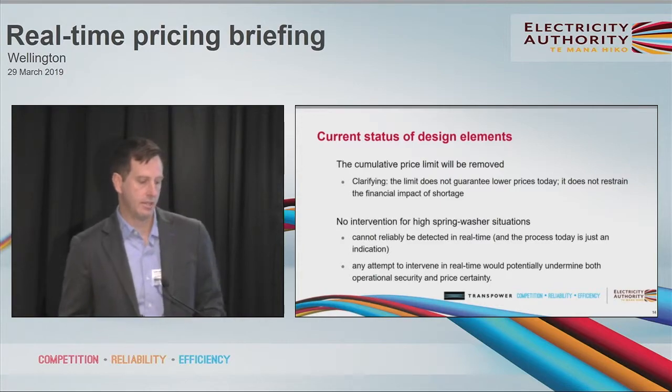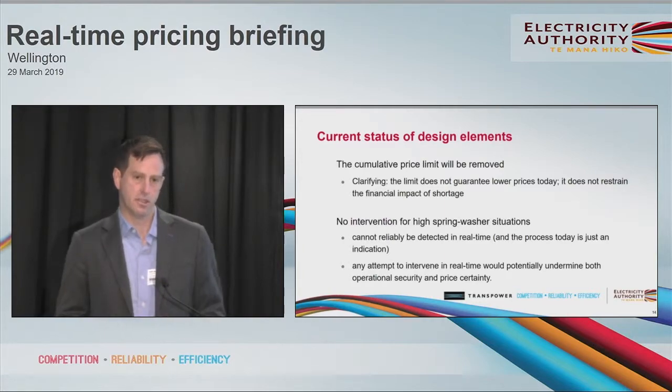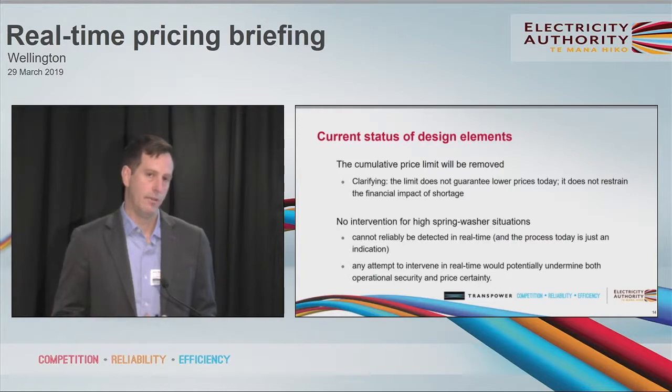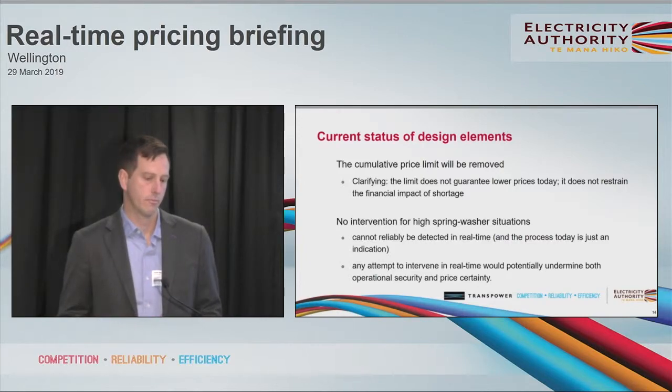And beyond that, there's no reliable way to detect a high spring washer that's occurring in real time, and the process that's used today is really just an indication. And then perhaps more importantly, any attempt to actually intervene in real time if there was a suspected high spring washer situation really just undermines the entire point of actionable, reliable, real-time prices, and potentially undermines operational security as well.